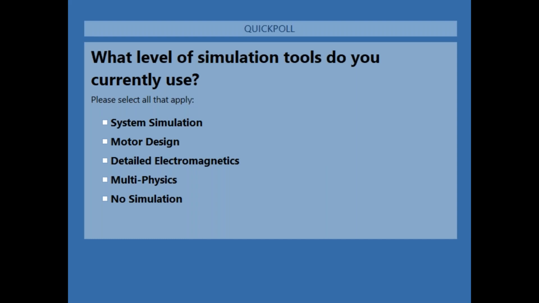We're curious just to find out how you guys are using simulation tools at the moment. So we'll give you 30 seconds, a minute to get some answers in, and we're curious just to see what everyone does at the moment and potentially where we can help you go in the future. Got some answers coming in already, so thank you.